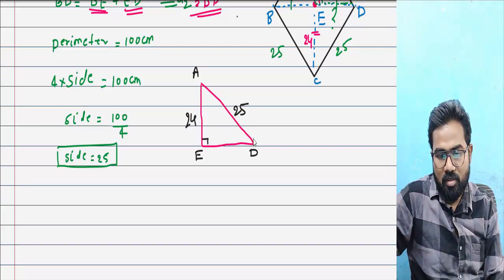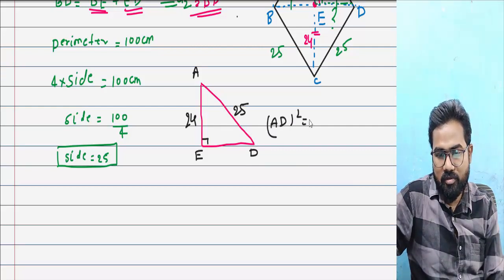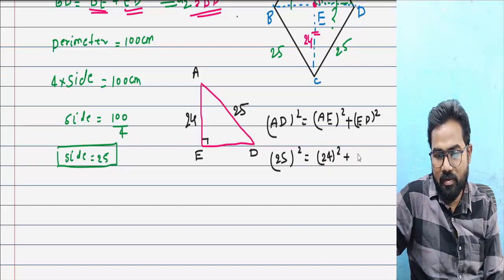So students, obviously AD will work as the hypotenuse. By using the Pythagoras theorem, AD square is the sum of the other two squares, AE square plus ED square. So AD square is 25 square, AE is 24 square, plus ED square.